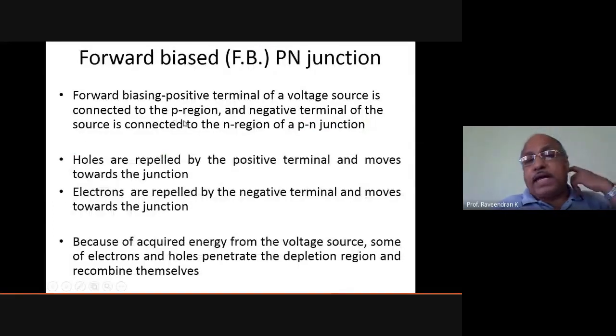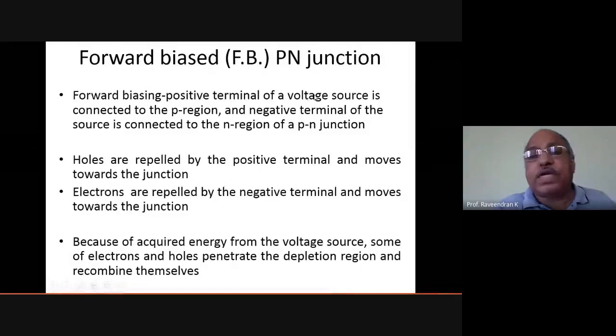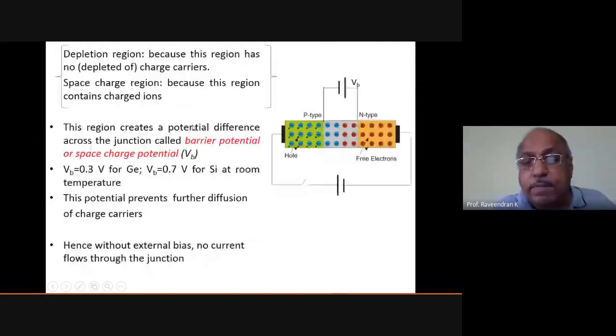So in forward biasing, the positive terminal of the voltage source is connected to the P region and the negative terminal of the source is connected to the N region of the PN junction. Holes are repelled by the positive terminal and move towards the junction. Electrons are repelled by the negative terminal and move towards the junction. That is shown here. Holes are repelled, isn't it?